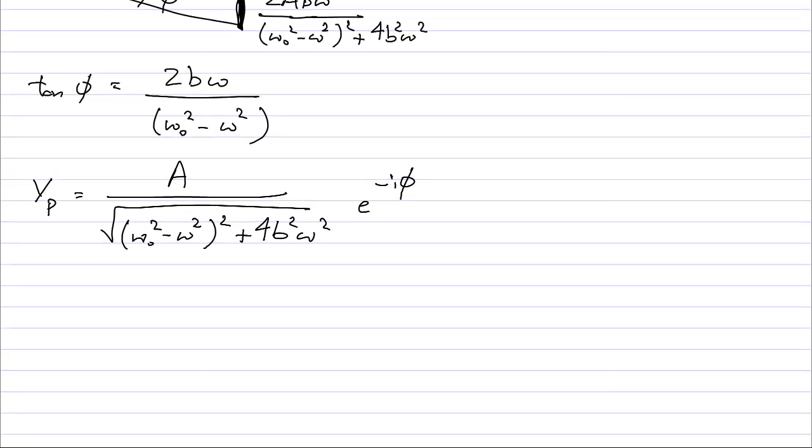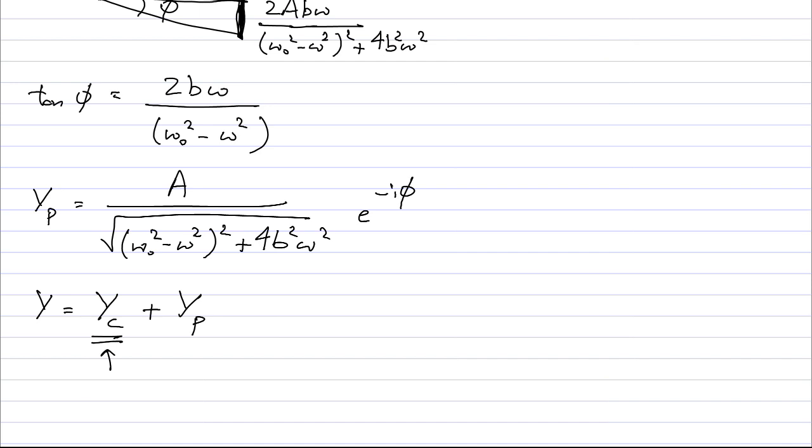Okay, so then I need to find capital Y, the full solution to the differential equation, given by yc plus yp. Because I'm using underdamping, it contains some oscillatory solution, and it also contains an exponentially damped part, and we know how to find that. I wrote that down last time, but the important point is that this is also physically termed a transient solution.